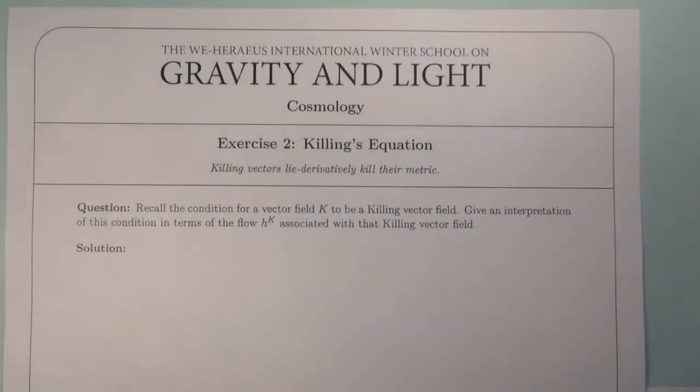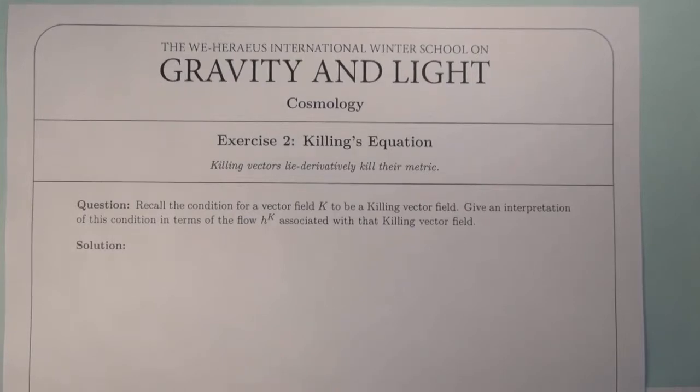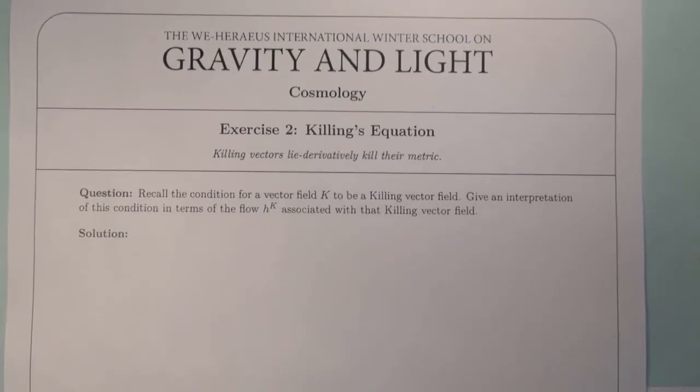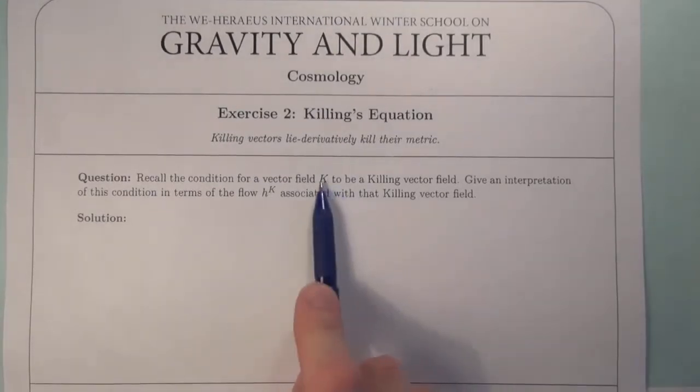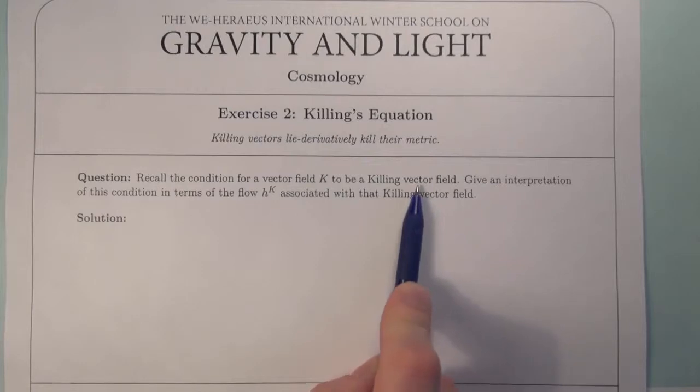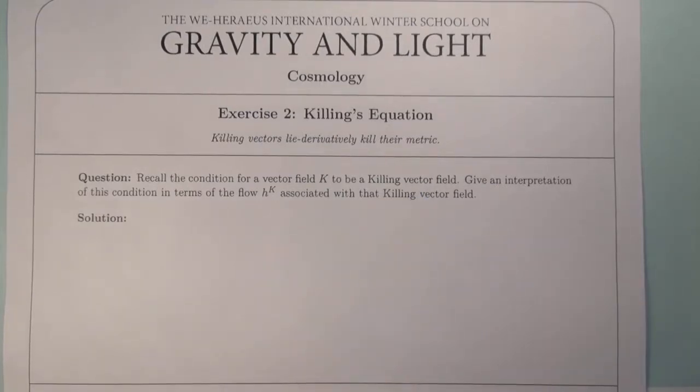Exercise 2, Killing's equation. First, before we start deriving Killing's equation, we want to again think about what it means for a vector field K to be a Killing vector field. And we should give some interpretation of this condition in terms of the flow h^K associated with that Killing vector field.